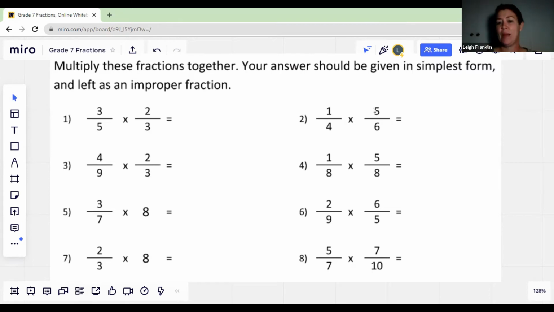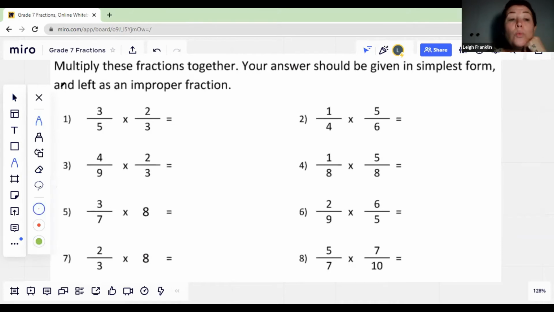Ma'am, can you try explaining the questions for me? Sure, Tumelo, are you struggling with the first one? No, ma'am, can you please make me understand the question? Okay, which question, Tumelo? Question number 1? Yes. Okay, all right. So what we're doing here, Tumelo, is we're busy practicing multiplying fractions.